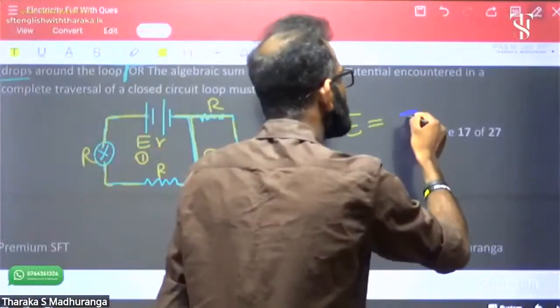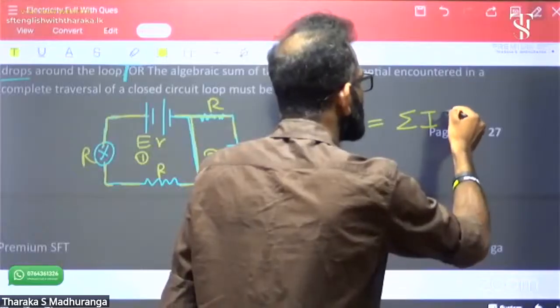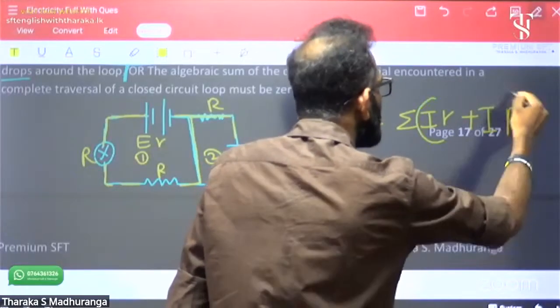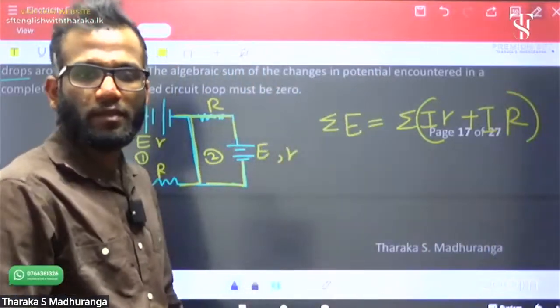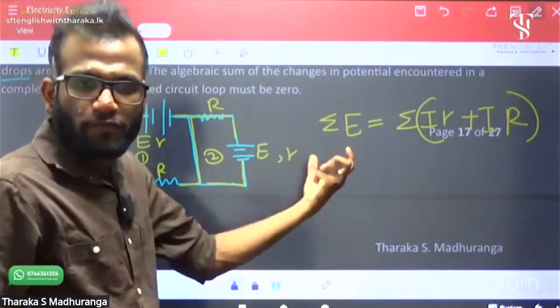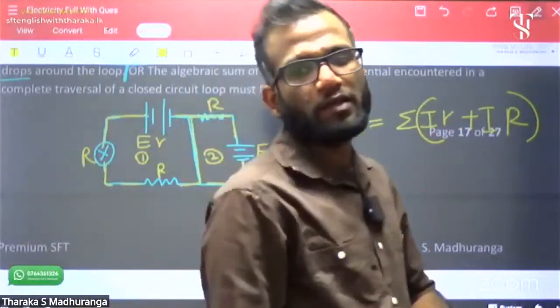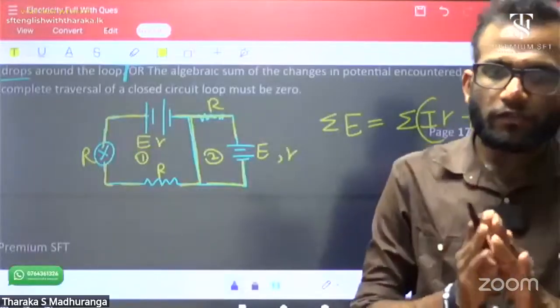That means sigma IR, plus I capital R, all IR products. Sum of electromotive force equals the sum of IR products. This is Kirchhoff's second law.